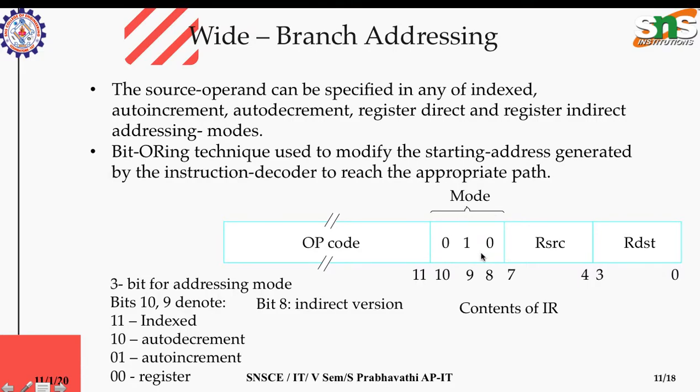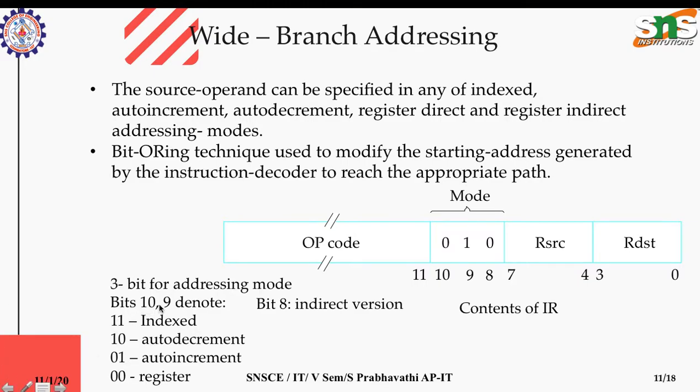In this flowchart we have seen 5 different addressing modes, and these 3 bits are enough to select which one of these addressing modes the instruction will use. So using these 3 bits in the instruction register, we can identify which addressing mode the current instruction uses.